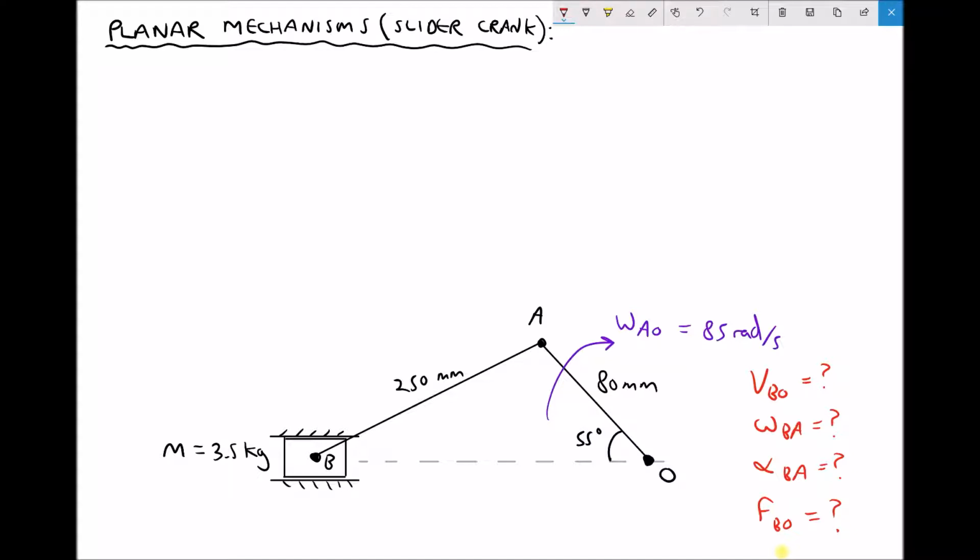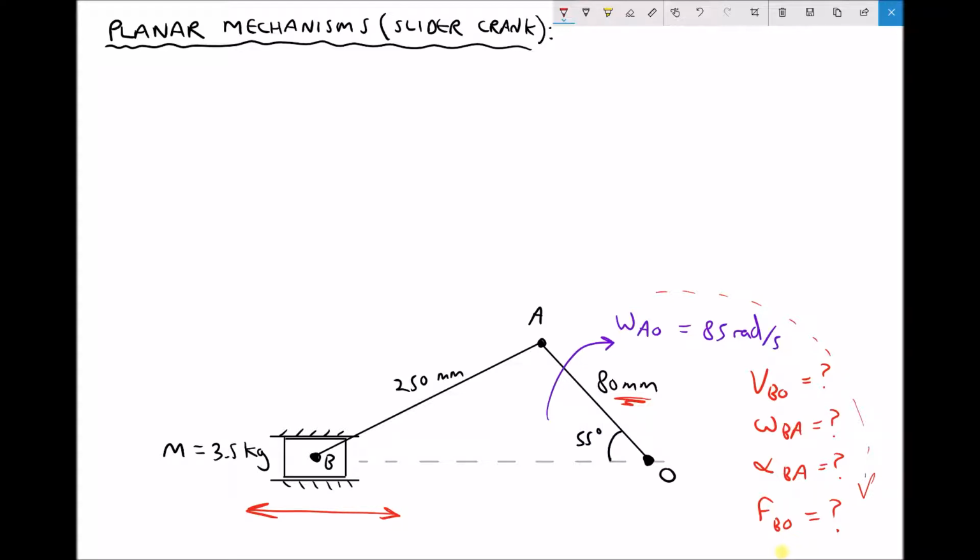So if you can imagine the link OA, so this 80mm link on the right hand side, is rotating with an angular velocity of 85 radians per second. As that rotates, point A is going to circulate around point O. As point A circulates around point O, our slider is going to move backwards and forwards like so.